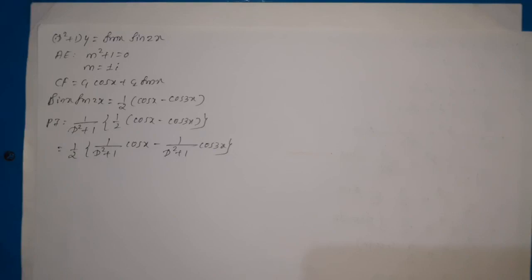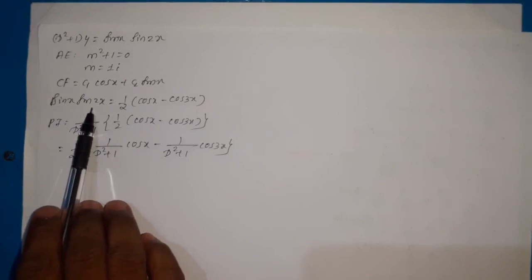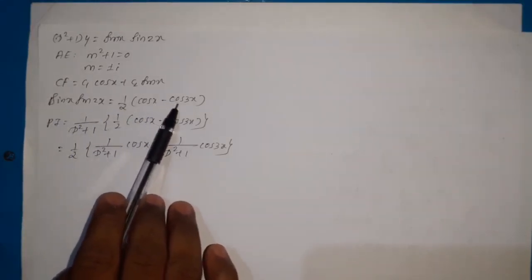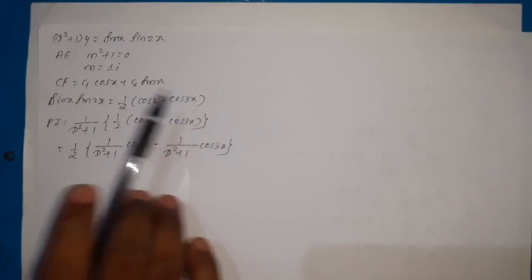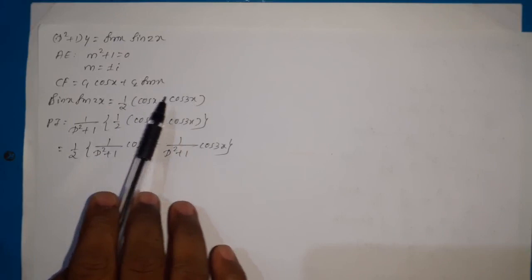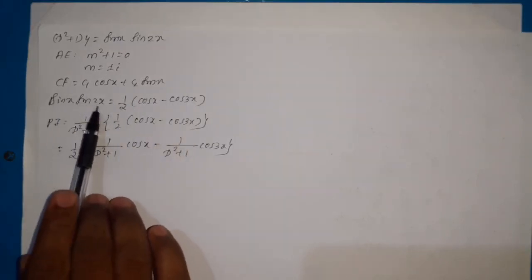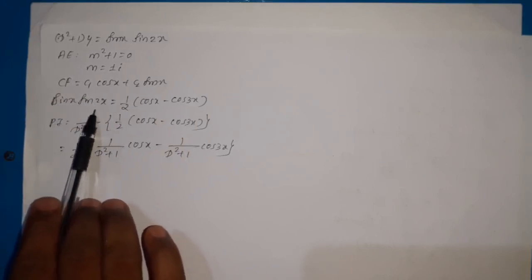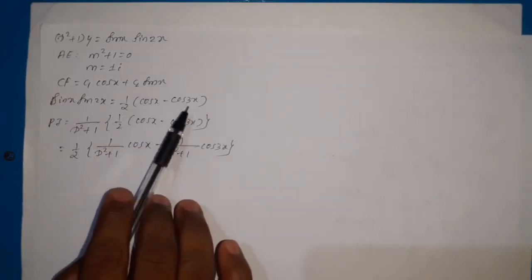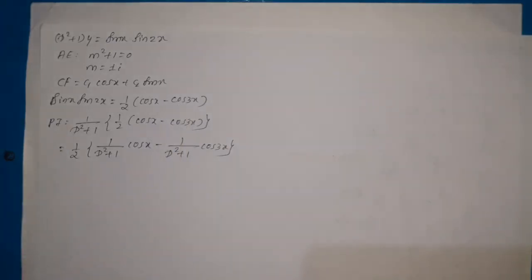So here sin x into sin 2x can be written as 1 by 2 (cos x minus cos 3x), that is 1 by 2 (cos of a minus b minus cos of a plus b). So that is the formula of sin a sin b. Then the particular integral.